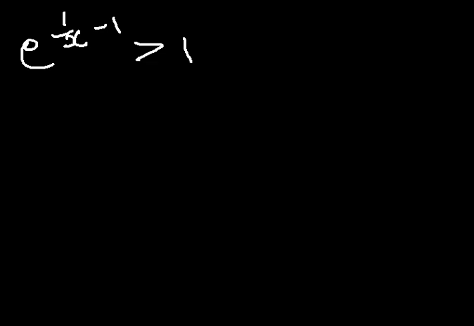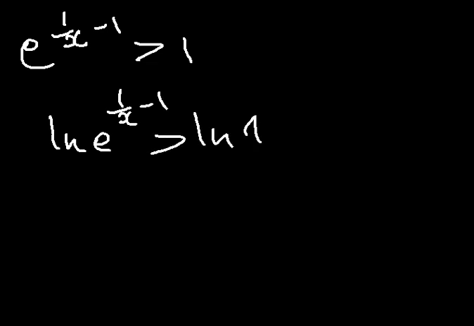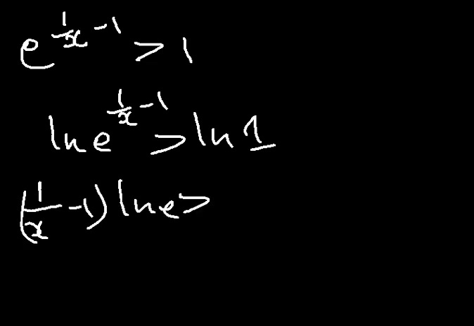So in this case we're going to introduce ln both sides, in the sense that we'll have ln e to the power 1 over x minus 1 greater than ln 1, which is the same as 1 over x minus 1 times ln e greater than ln 1. What is ln 1? It is 0, and ln e is 1. We'll have 1 over x minus 1 greater than 0.